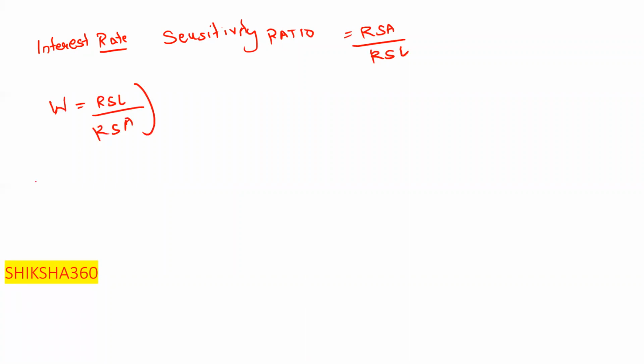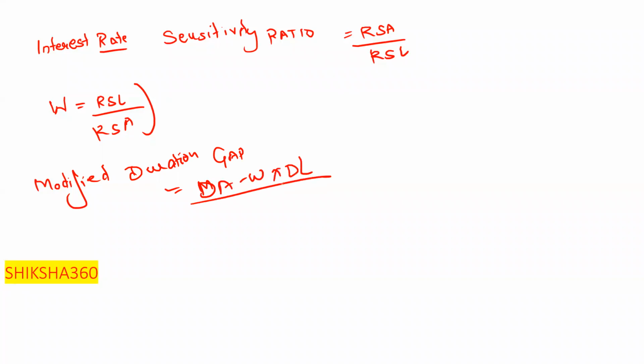Next, modified duration gap is equal to DA minus W into DL, where W is RSL upon RSA. This is also known as DGAP.